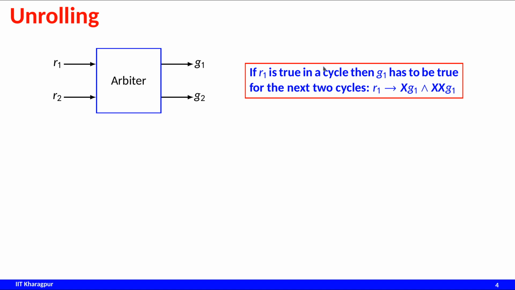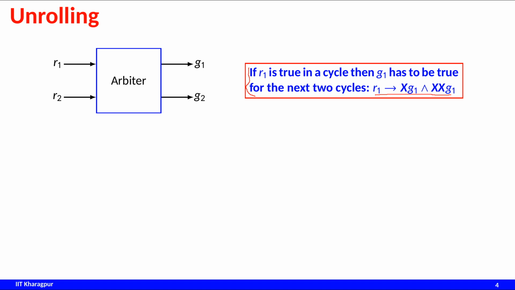To express this property formally, I can represent it as R1 implies next G1 and next next G1. We are not writing the complete CTL, just highlighting the unfolding of the system. This property definitely represents what has been described in English.